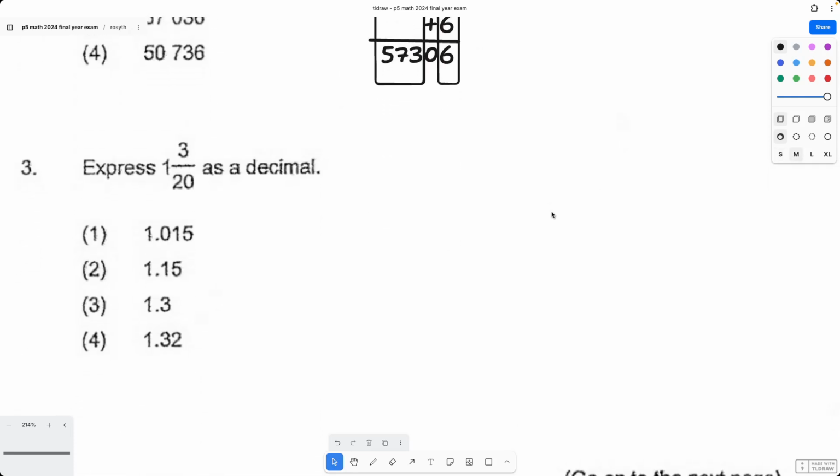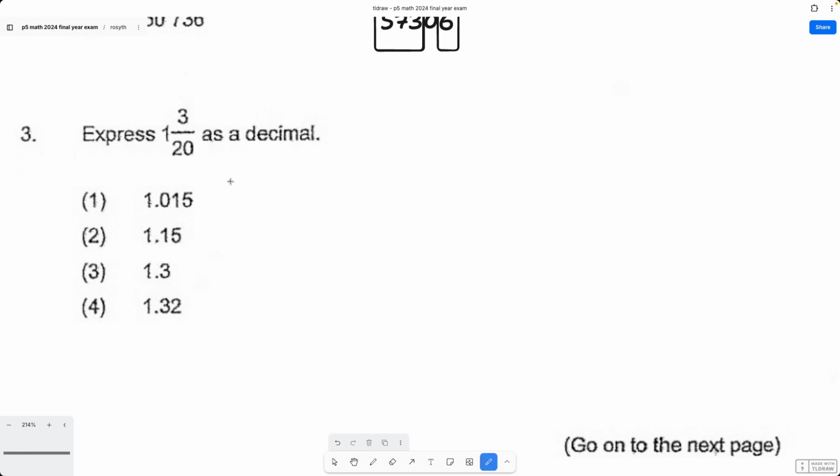All right, let's move on to question number 3. Express 3 out of 20 as a decimal. We know 1 is the whole number. So what is 3 out of 20 as a decimal? The easiest way is to change the denominator 20 into 100.